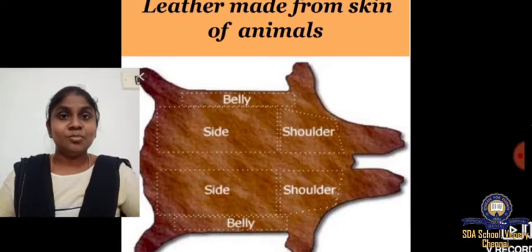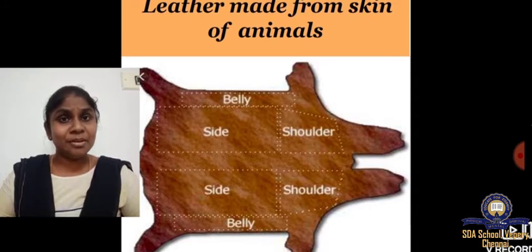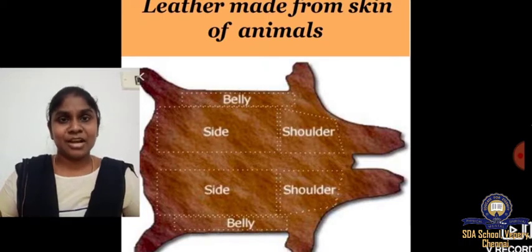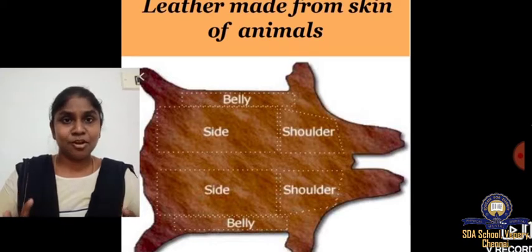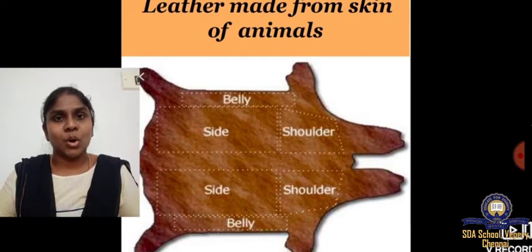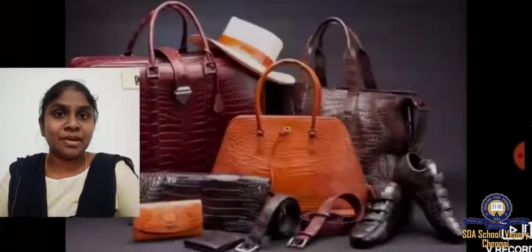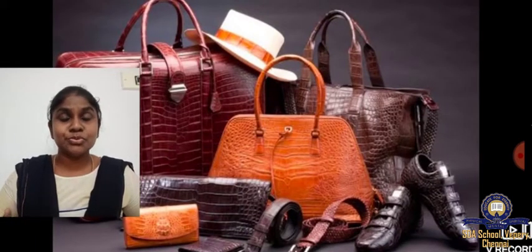Next, we'll move on to the next topic. Leather. Do you know where we are getting leather from? What do you mean by leather? Leather is nothing but the skin of animals. Look at this picture. This is the skin of an animal. It is taken out and then it is polished, and then we prepare handbags, shoes, belts, wallets, and many things from leather.